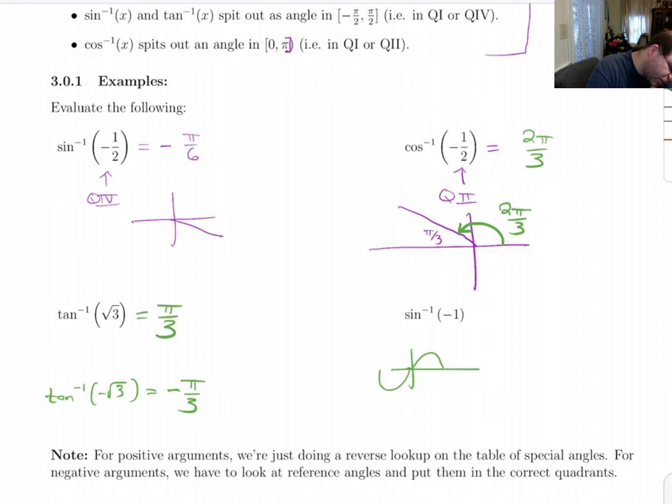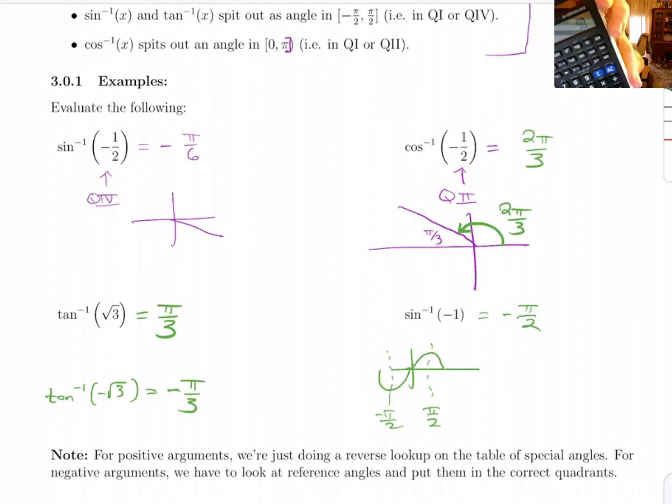And I know this is supposed to be between minus pi over 2 and pi over 2. So the answer to this is minus pi over 2. And if I stick that in my calculator, 0.5, negative 1, I do the inverse sine. Sure enough, it gives me negative 90 because I've got my calculator in degree mode.